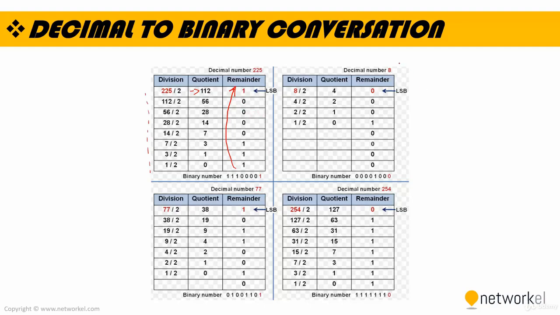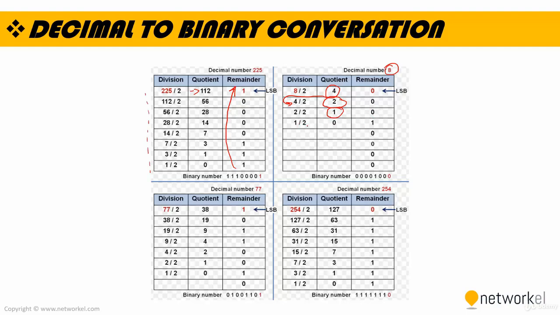And let's take a look at the 8. I'm dividing serially by 2. 8 divided by 2 is 4, and the remainder is 0. Then 4 divided by 2, the result is 2, and the remainder is 0 again. 2 divided by 2, the quotient is 1, and the remainder is 0 again.